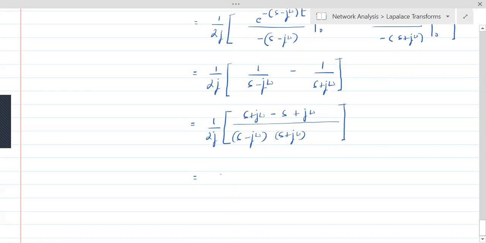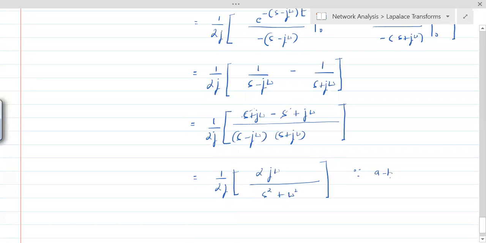So this can be written as 1 by 2j times, this s and this s get cancelled, so you'll have 2j omega in the numerator, and in the denominator you'll have s square plus omega square, since a minus jb into a plus jb is a square plus b square.